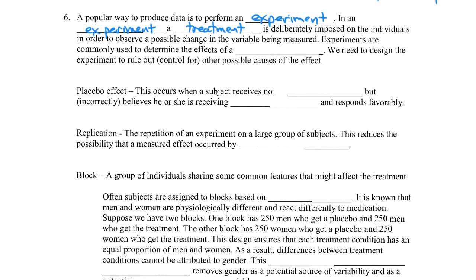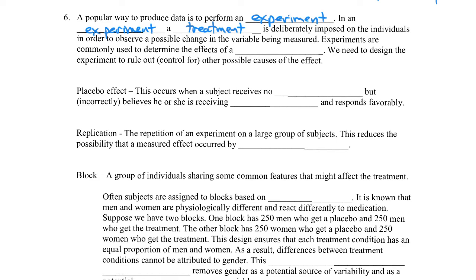Now, this treatment doesn't need to be like a drug or anything like that, although it is often in human studies. But it could be something like, okay, we're going to see the effects of lack of sleep. So we want to split our people into two groups, and we're going to have one group sleep only 3 hours a night, and then the other group will sleep normally.